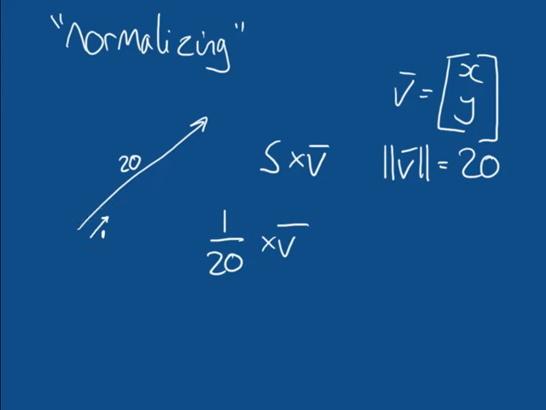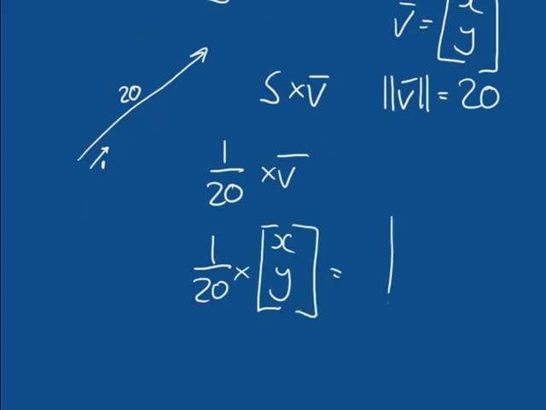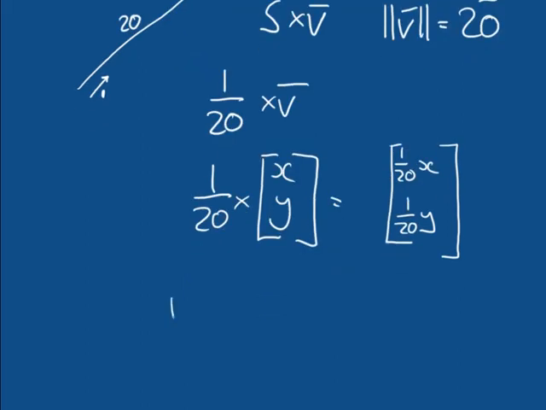If we work this through in terms of the components, this would give us 1/20th times (x, y), which we know is going to give us a vector that has 1/20th of x and 1/20th of y. But we know this is just a number.